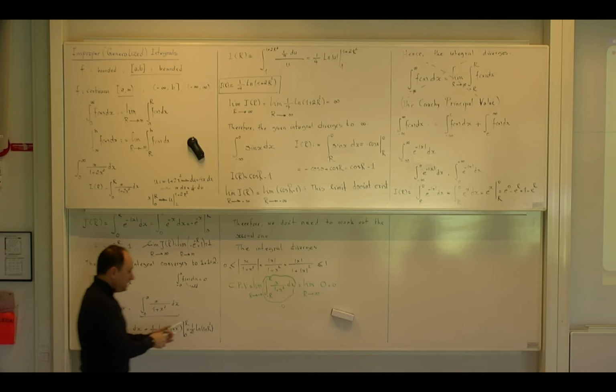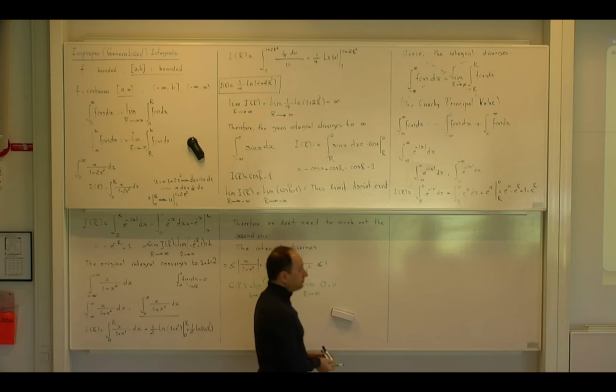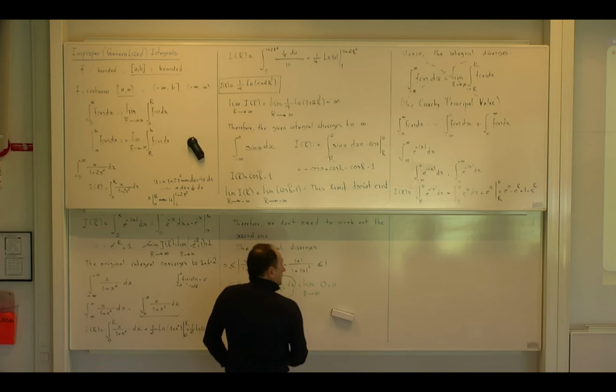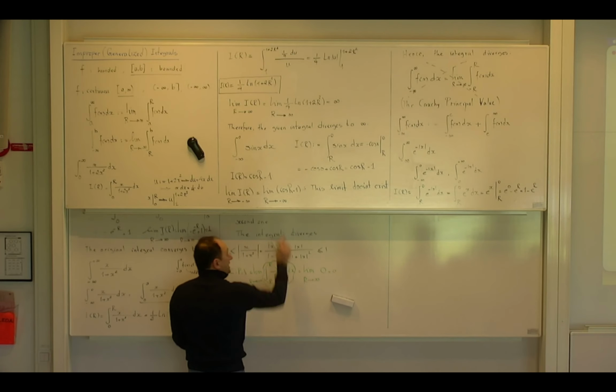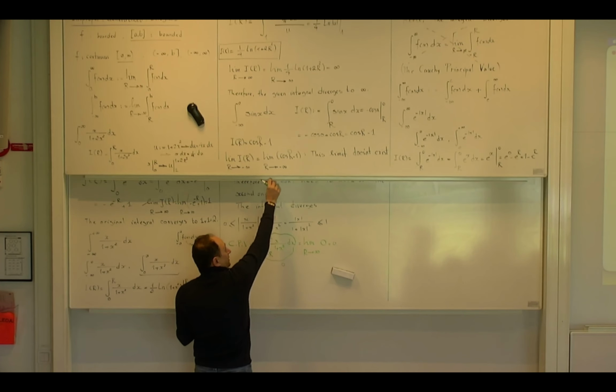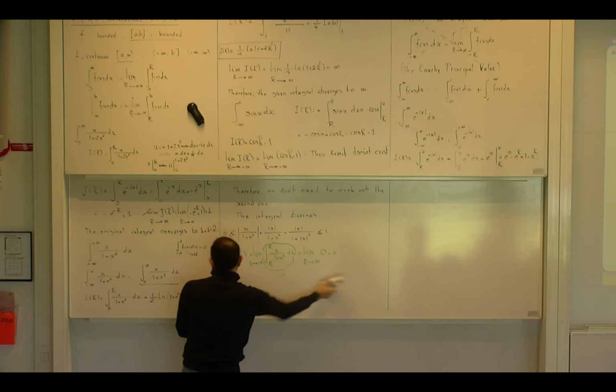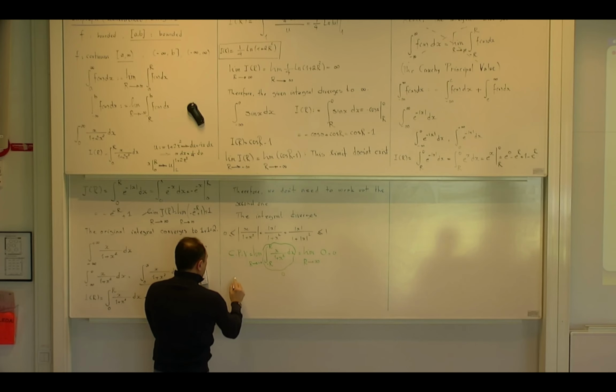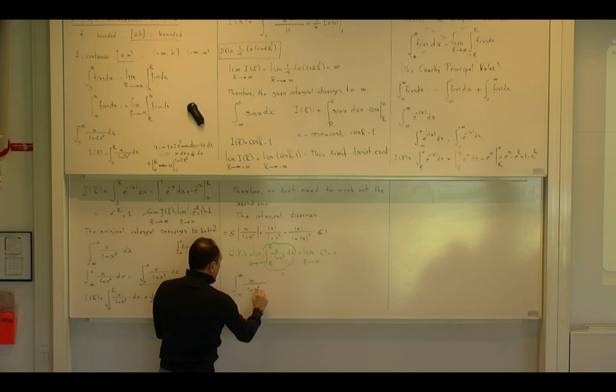So let me immediately go to the next one. These two examples, one after the other, I think they will be instructive for you. I will have another integral from minus infinity to infinity, but this time I have x over 1 plus x to the power 4 dx.